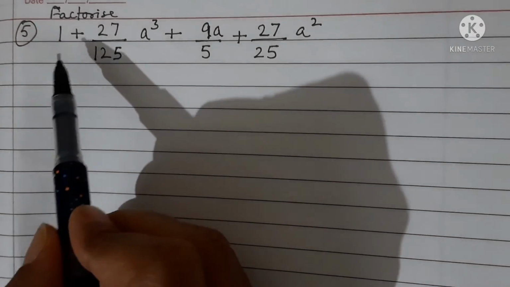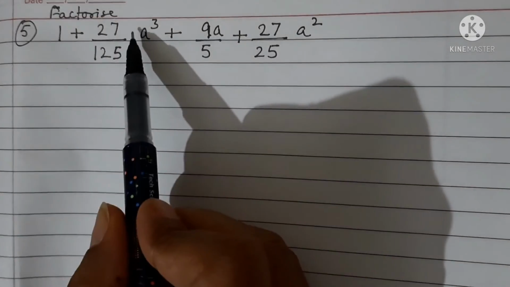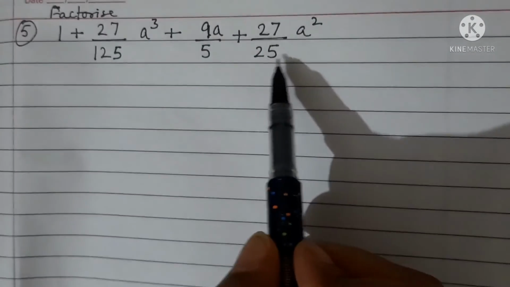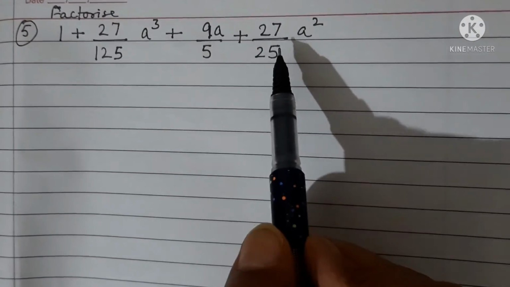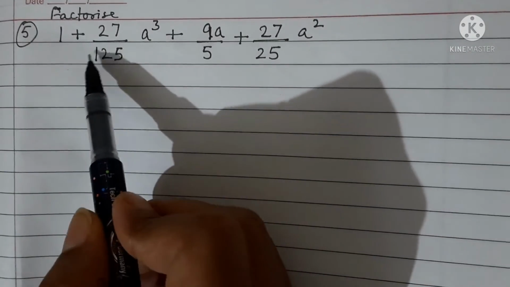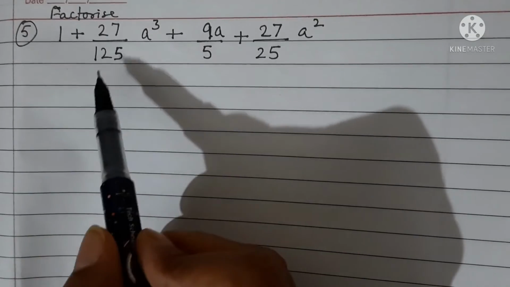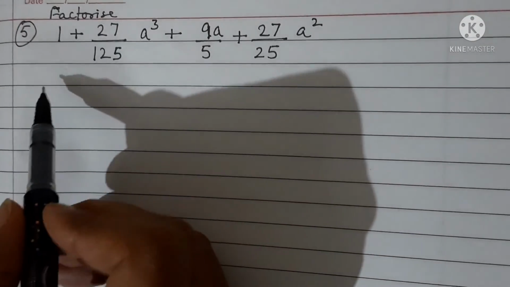Now question number 5. Factorize 1 plus 27 upon 125a cube plus 9 upon 5a plus 27 upon 25a square. All the terms are plus, so why not try to convert it into the form of x plus y whole cube. Let's try.